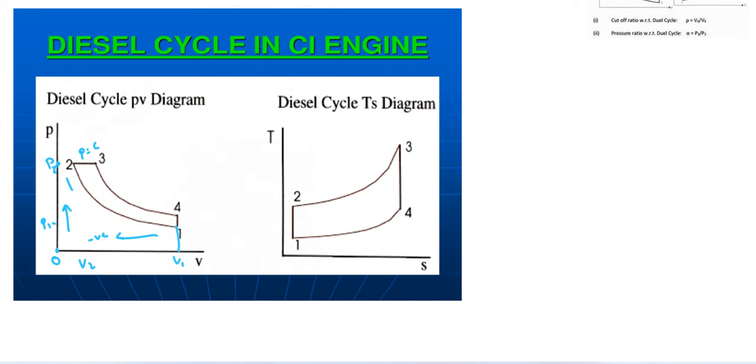You understood this PV diagram, right? Now let us discuss the TS diagram, with temperature and entropy. When we come to temperature T1, the temperature gradually increases. Pressure increases, volume decreases, temperature increases, so pressure is directly proportional to temperature.